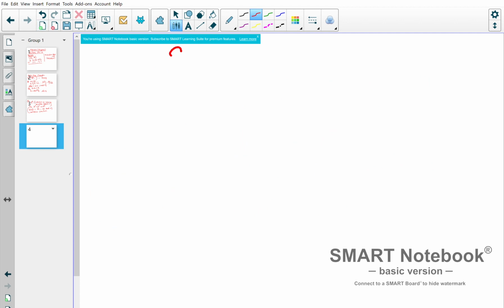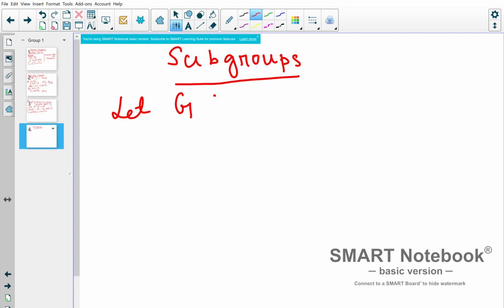Subgroups. I'm not writing the star, I'm only writing G. G is a group, so let G be a group, non-empty and satisfying this property.